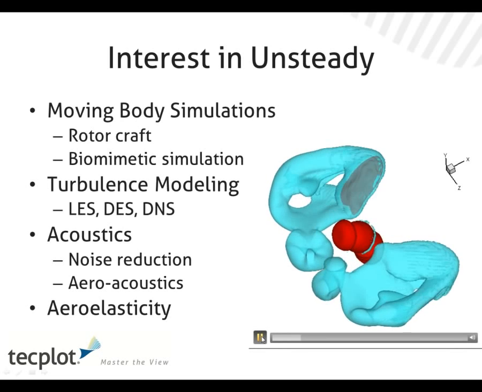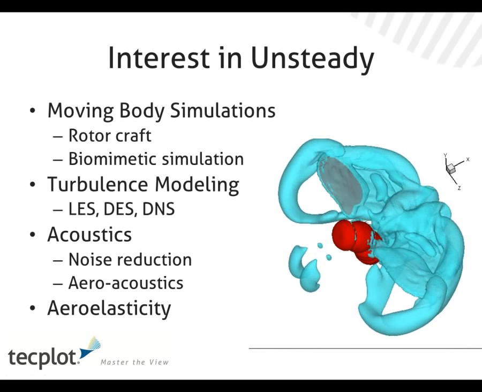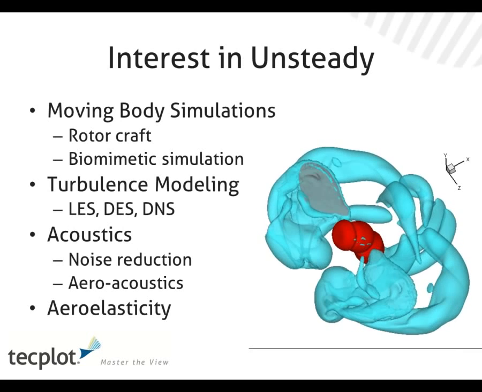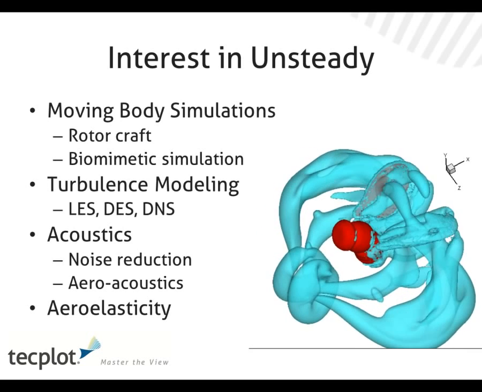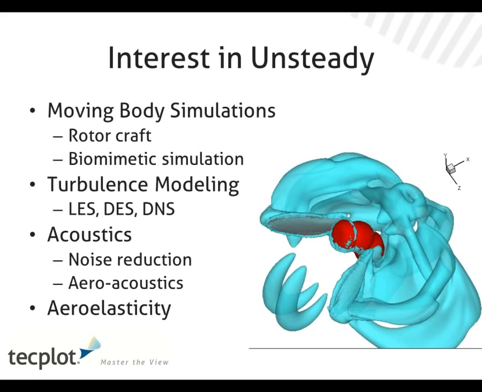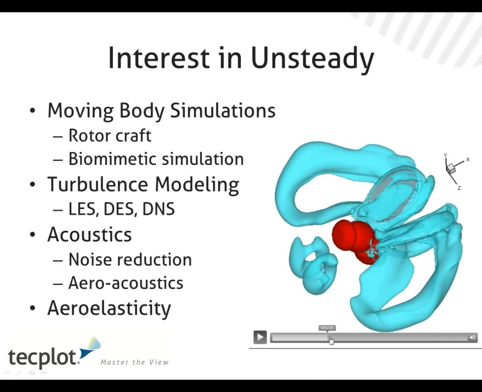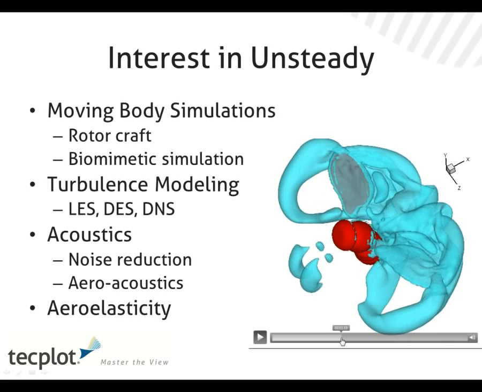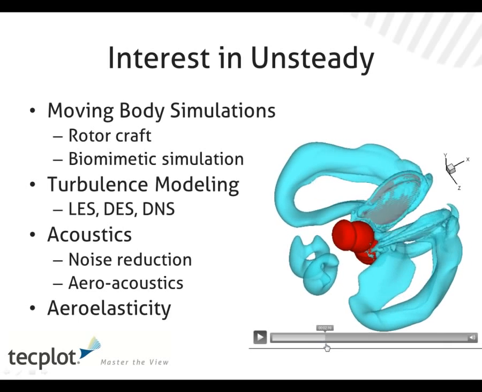People have been exploring these methodologies. One, of course, being biomimetic simulation, like looking at the flight of a bumblebee or a dragonfly from our most recent story. But there's a fair amount of interest in rotorcraft. I love this simulation, by the way. It's so complex fluid dynamically. You see the vortices interacting. It's quite cool.